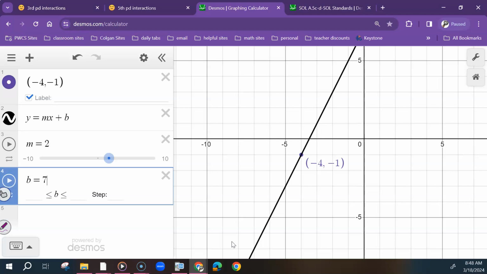Questions on any of those three? Take out your SOL packet if you don't already have it out. We're going to start at SOL A.4c and go all the way to 5d so that you have all those answers. You see how to do them on Desmos and all of that.